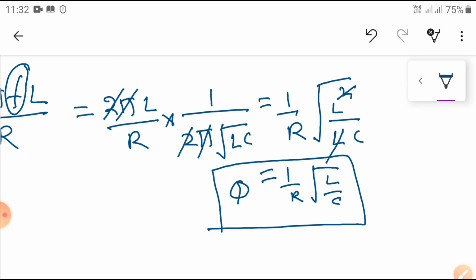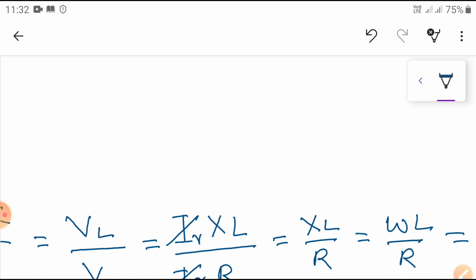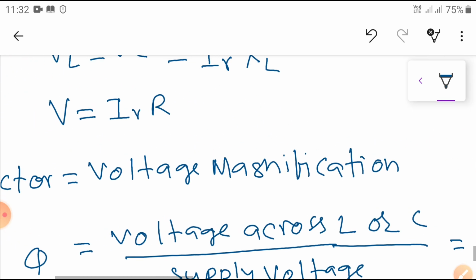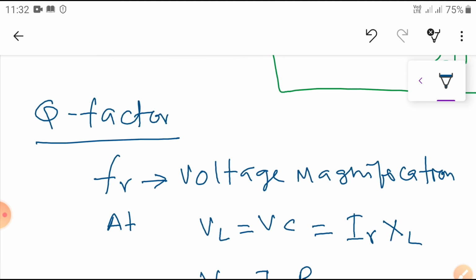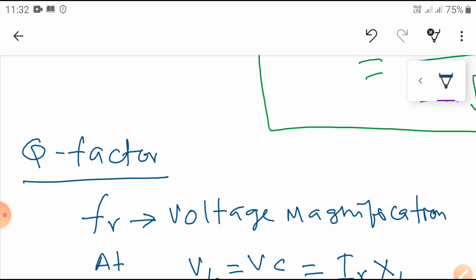Okay, so dear students, this is the Q factor. This quality factor and bandwidth are very significant in the case of electronic circuits. So this is regarding the RLC circuits. I think you have some idea about the quality factor.